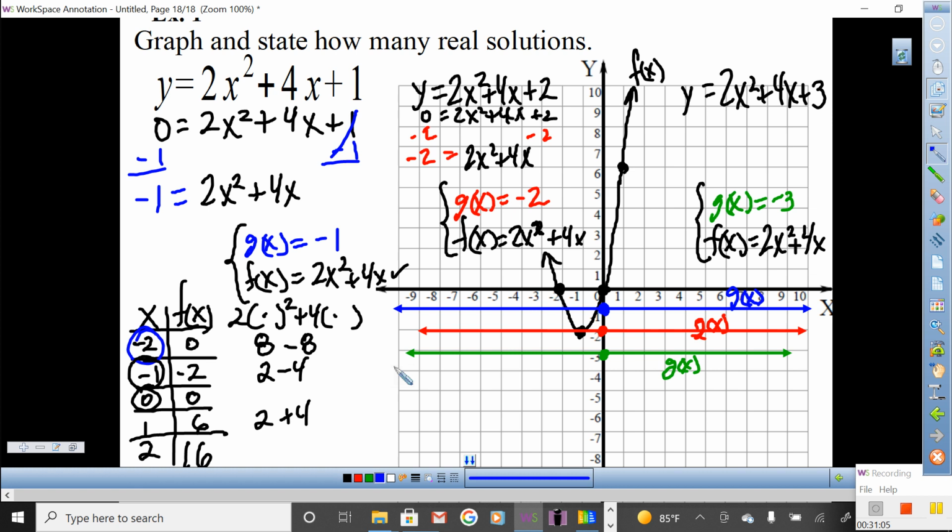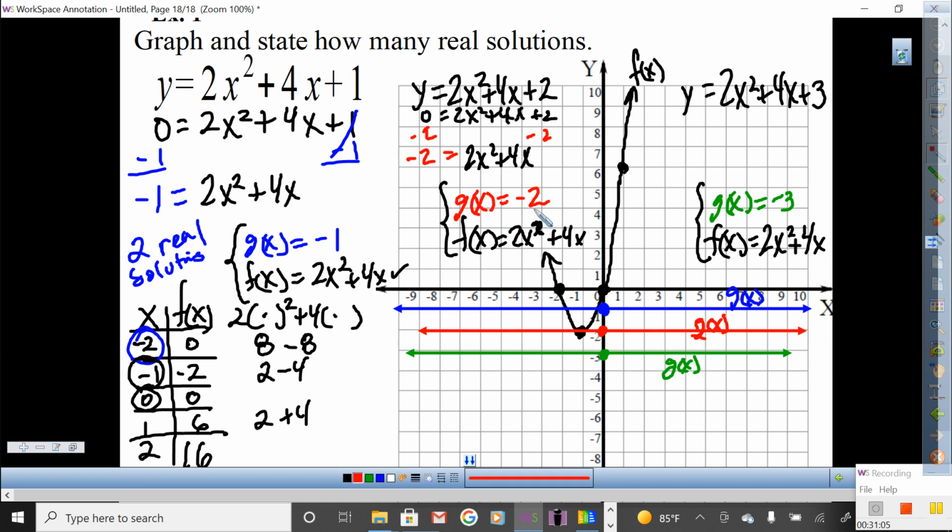So watch, look what I'm going to do. Don't copy this, just pay attention. I want you to think it out to yourself. Don't say it out loud. For this blue system, here's my f of x, and here's my g of x in blue. That one has 2 real solutions. Next, I'm going to go to this one.